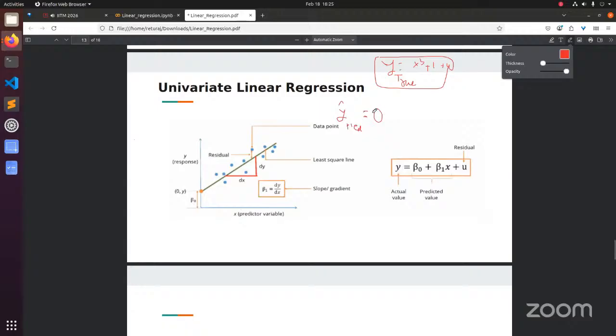Theta 3 x cube plus theta 2 x square plus theta 1 x plus theta naught. Everyone can see, right? This is the prediction function.